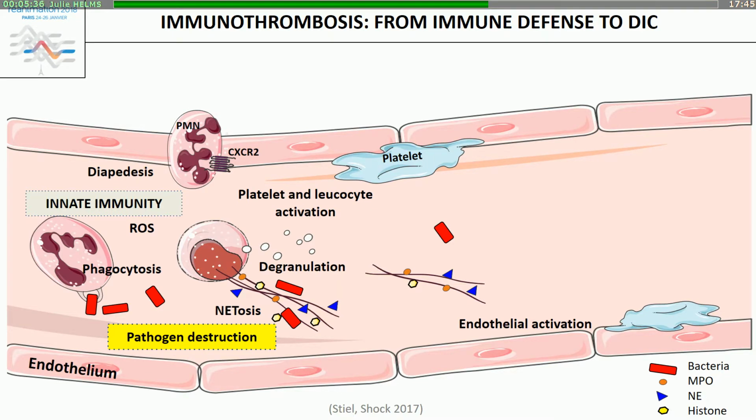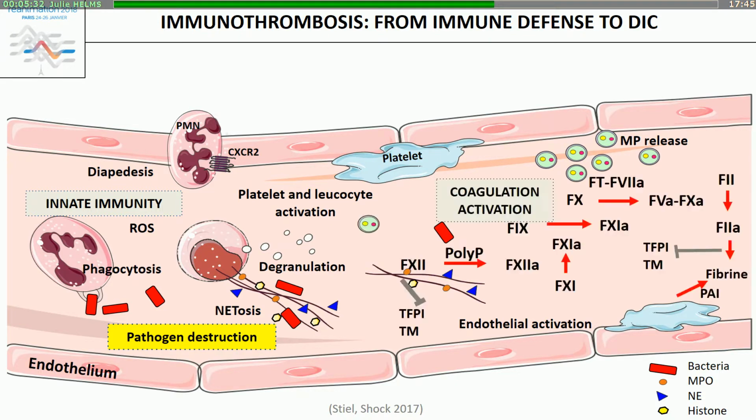These activated cells will lead to microparticle release, which will also lead to coagulation activation. Immunothrombosis is thus a normal process during infection and will help the host to defend against a pathogen. But during DIC, this process may be deregulated.